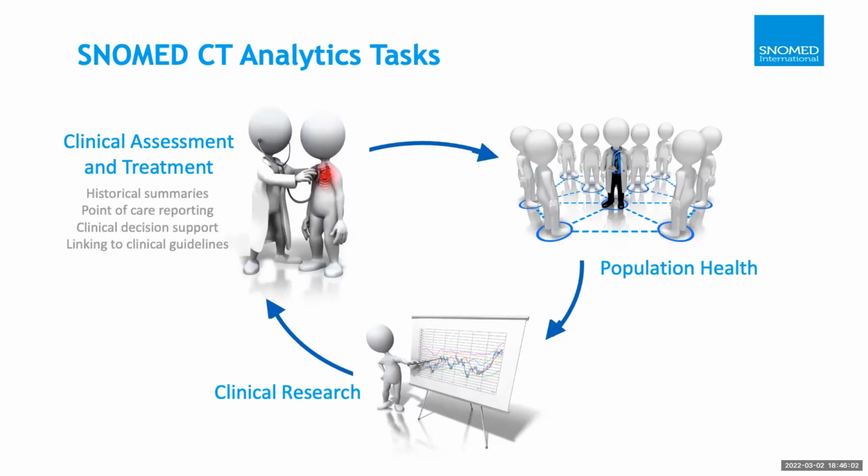For clinical assessment and treatment, SNOMED CT would be used to generate summaries of patients' clinical history, or to generate point-of-care reports for reminders or identifying care gaps, or reporting to disease registers, things like that. It could also be for clinical decision support, where you provide alerts, diagnostic support, or links to clinical guidelines.